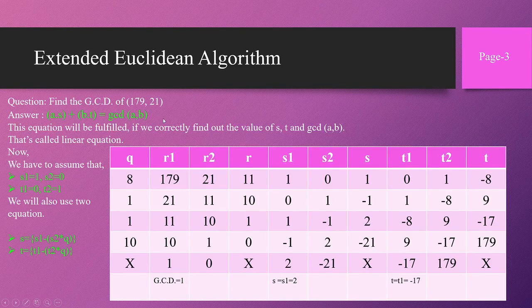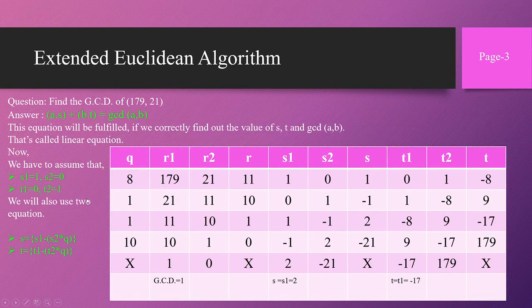This equation is known as a linear equation. If we find the correct GCD and S and T, this equation will be fulfilled. Now we have to assume that S1 will be 1, S2 will be 0, T1 will be 0, T2 will be 1.